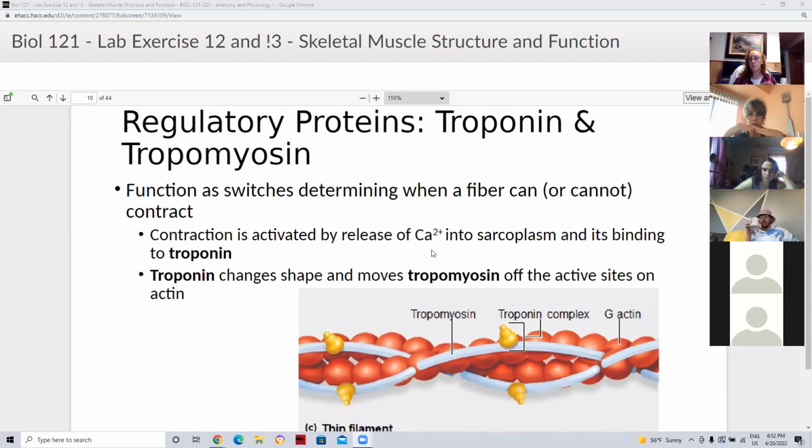Remember how sarcoplasmic reticulum is the storage for calcium. And it binds to troponin, and then troponin, when it binds calcium, changes shape and nudges the tropomyosin off the active sites that bind to myosin that are present on actin.